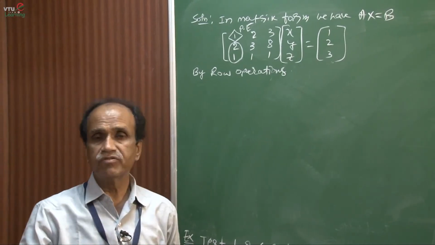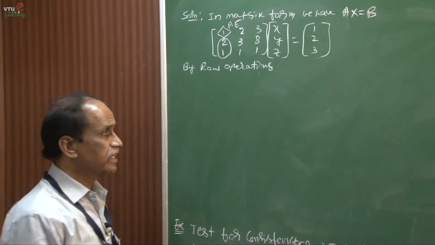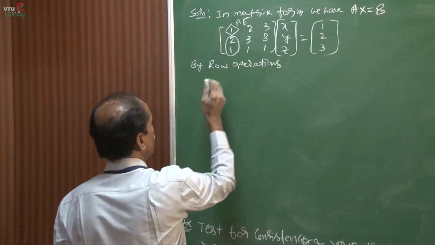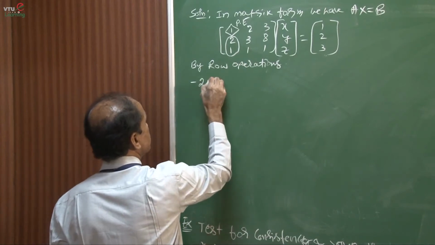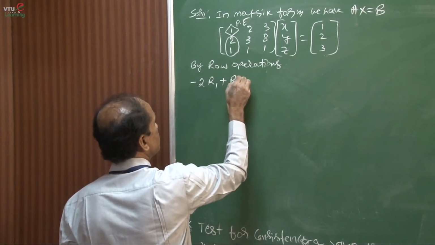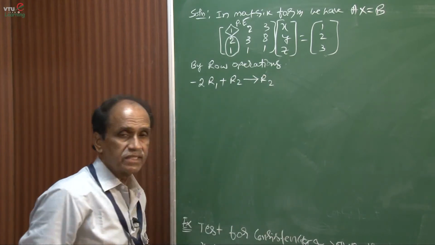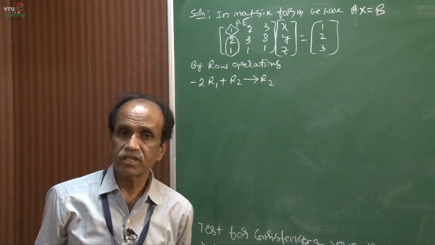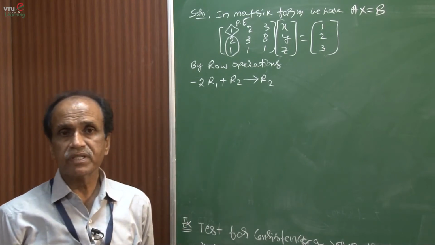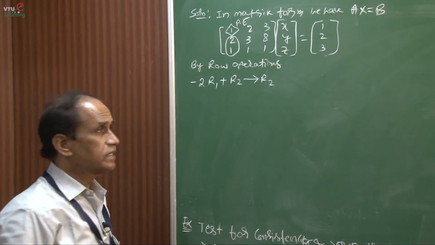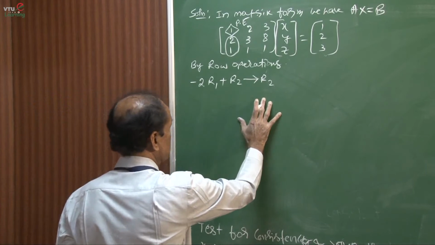Coincidentally, we can proceed with the row operations for the next step. 2 and 1, okay. So I will take it like this, minus 2r1 plus r2 affecting r2. Already we discussed this in the calculation of the rank in the previous set of problems, and the same principle I am going to adopt here also.